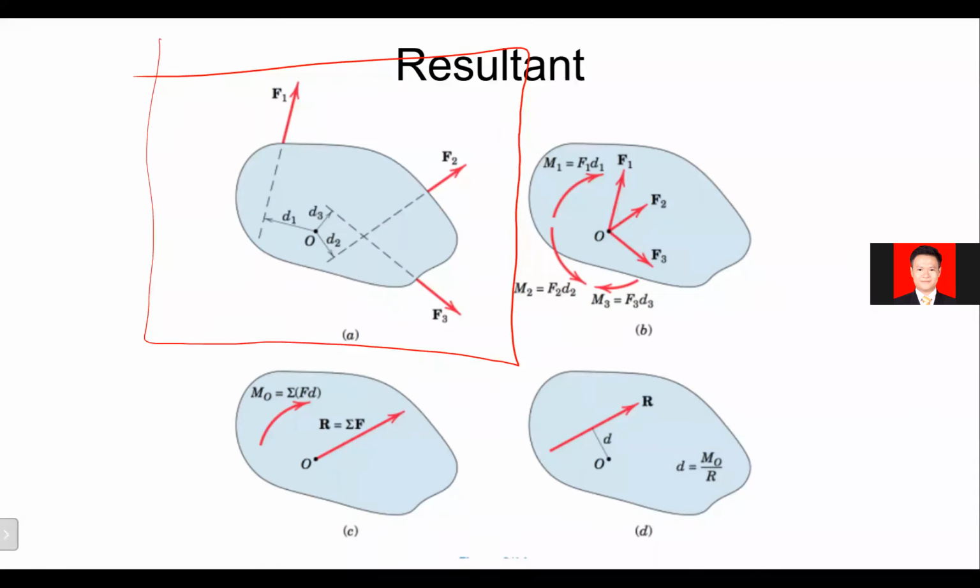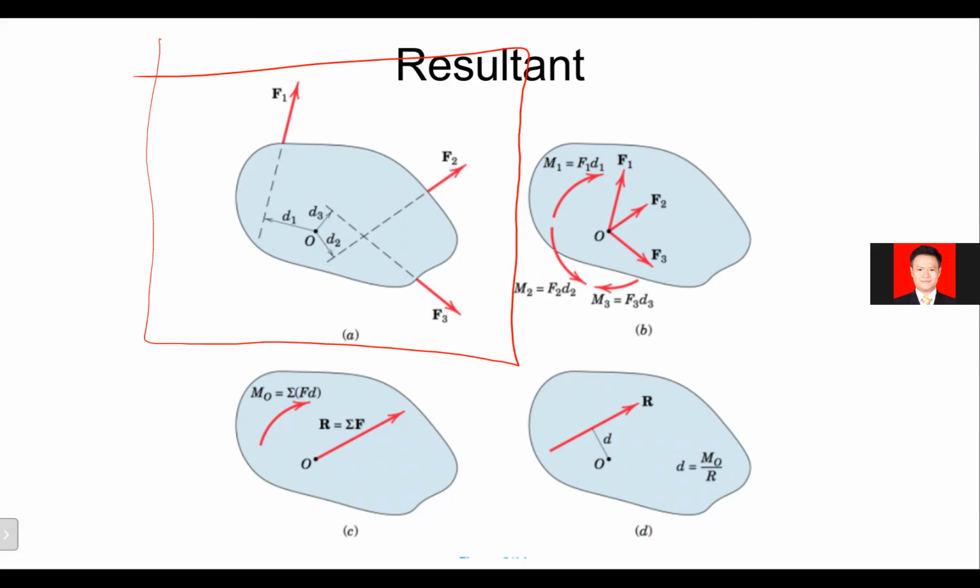F2, I move it to point O. As a result, I will get a force F2 at point O and a couple. And F3, I move it to point O. As a result, I will get F3 at point O and a couple as well. Can I do it, William?